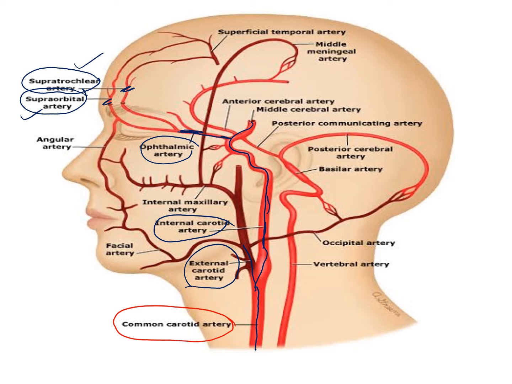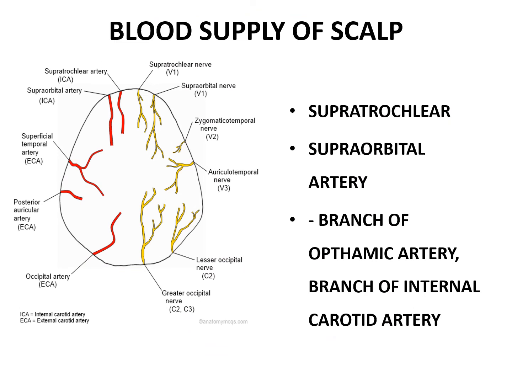Next, we have the superficial temporal artery, which is a branch of the external carotid artery, and then the posterior auricular artery. We'll be seeing them in the next slide. As already discussed, we have the supratrochlear artery and supraorbital artery. Both of these are branches of the internal carotid artery. Now we have the superficial temporal artery, posterior auricular artery and occipital artery.